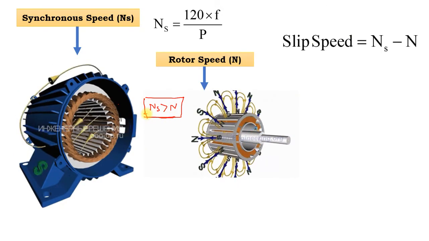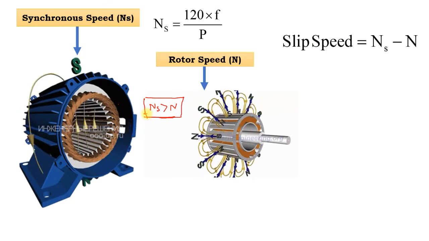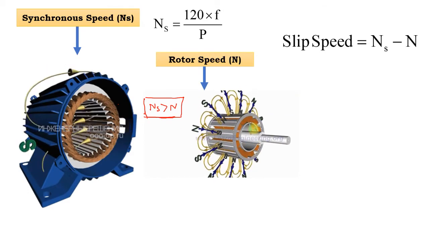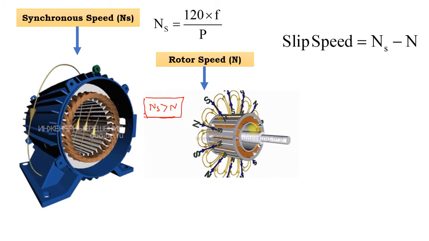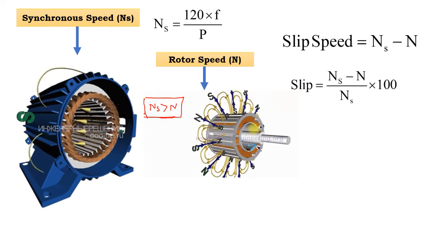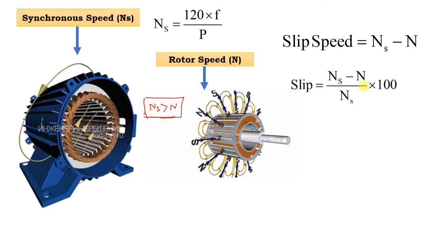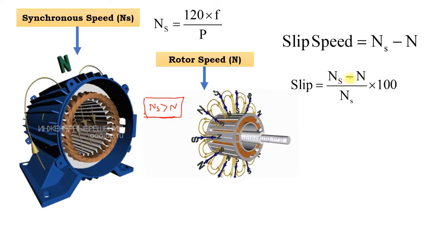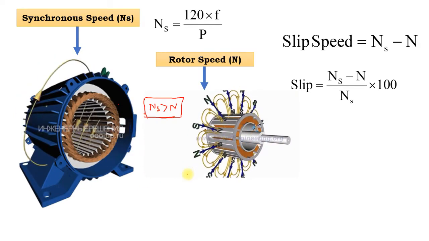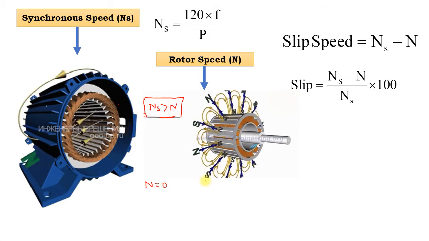Now we'll see that the difference between the synchronous speed and the rotor speed is called slip speed. Usually slip is calculated by the ratio of slip speed to the synchronous speed. Suppose the rotor is stationary, that means N is equal to 0, what could be the slip then?